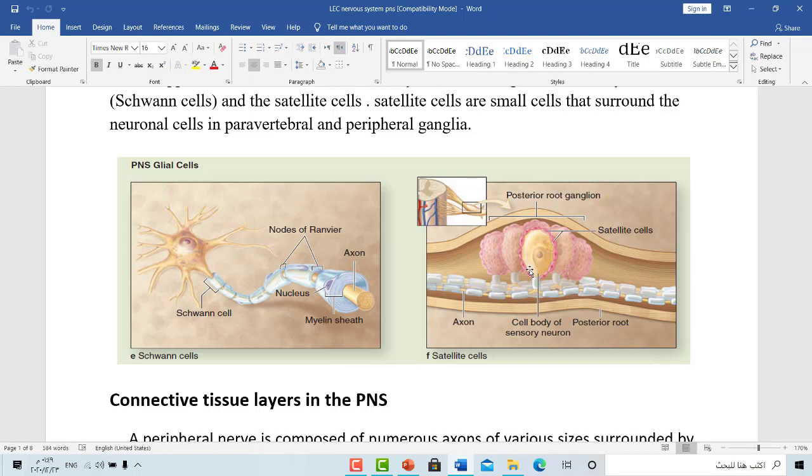There are two supporting cells, two neuroglia, found in the peripheral nervous system.